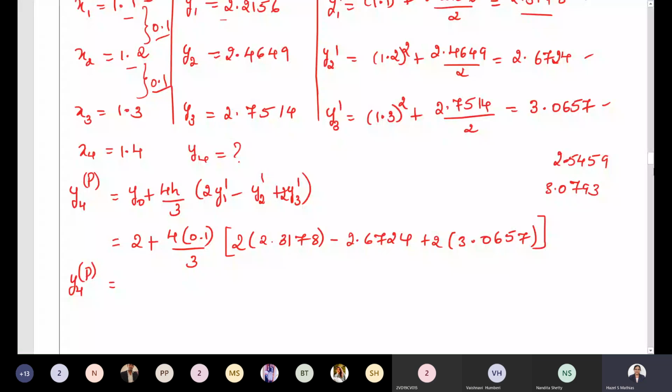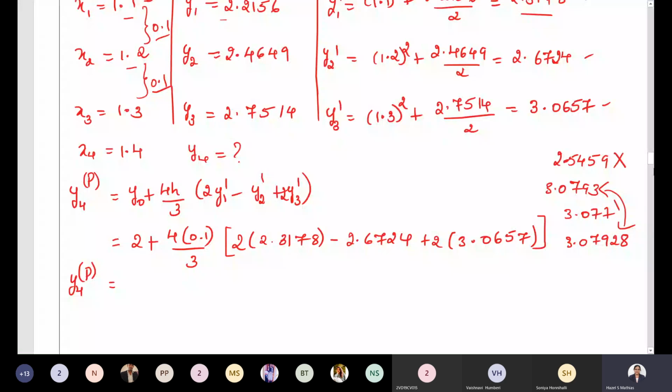Okay, anybody, any other answer? 3.07928. Okay, so these two are same because it's rounded off. 9 to 8 can be written as 3.0793. So these two are approximately same.